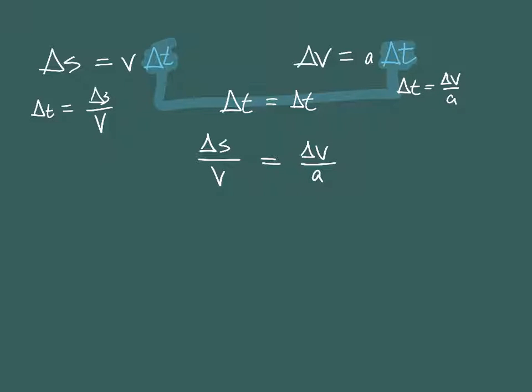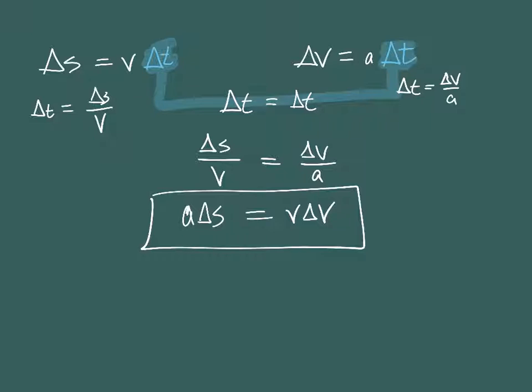Now I tell you, let t equal t and then flatten or get rid of quotients using the appropriate arithmetic. So a ds equals v dv. This is the Zeroth Laws theorem axiom.